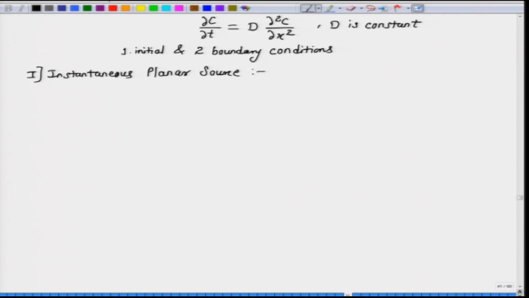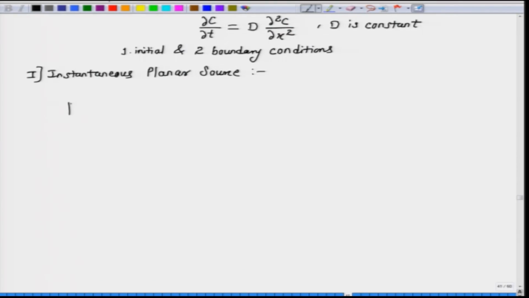For example, in semiconductor industry, the doping of silicon is carried out by diffusion process, right. So, in there what they do, the silicon semiconductor is first deposited with the thin layer of dopant on the top surface. This is a very thin layer.